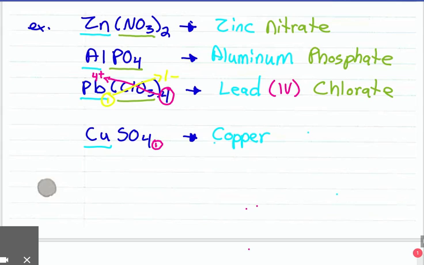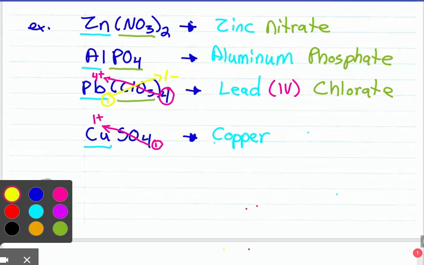Sorry, it's this invisible 1 right here that we're going to cross up to our copper and give that a 1 plus. And then it's the invisible 1 here that's going to cross up here to say that sulfate is a 1 negative. This is where knowing your 8s comes in handy because you have to do a little check to make sure the ionic charge of the sulfate is correct.